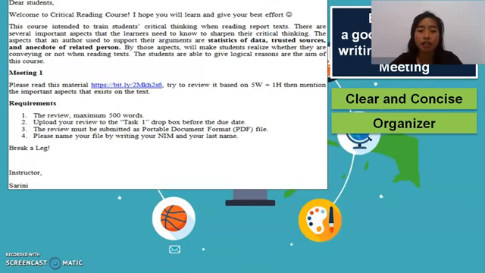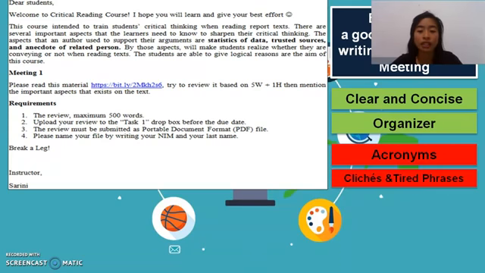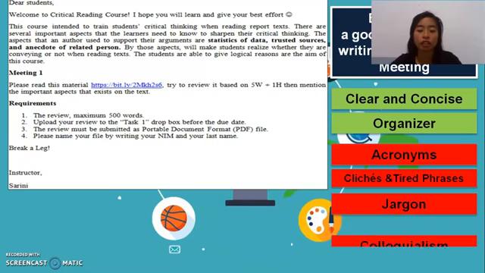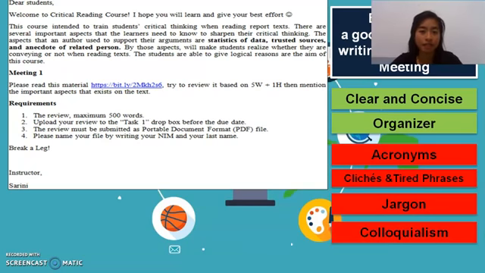In this good introduction writing for one topic meeting, I try to avoid acronyms, clichés, hard phrases, jargon, and colloquialisms. It's based on the book that my lecturer has given.